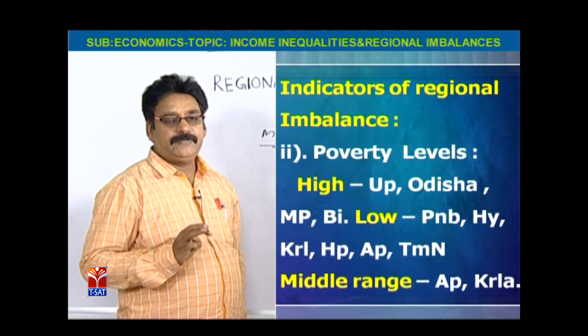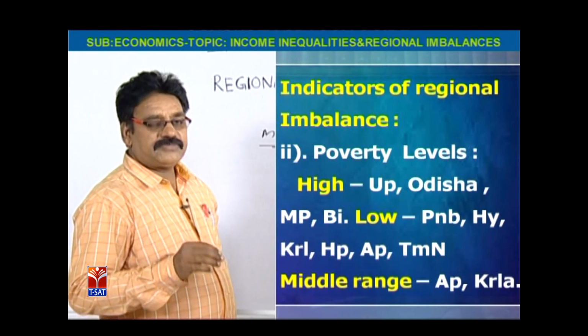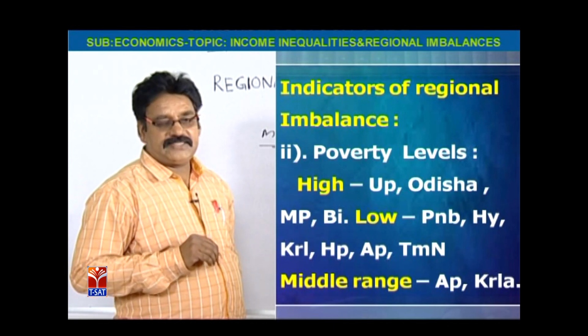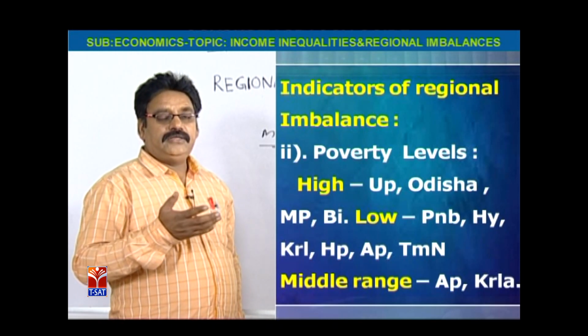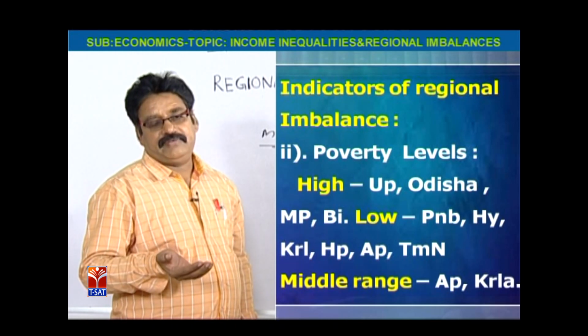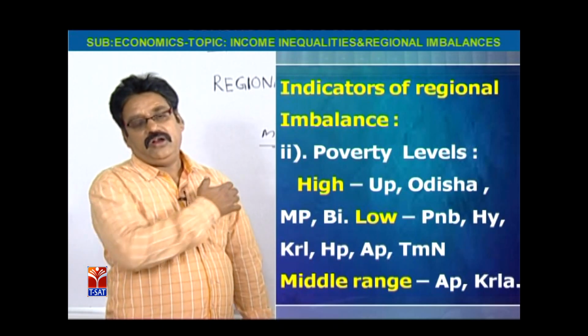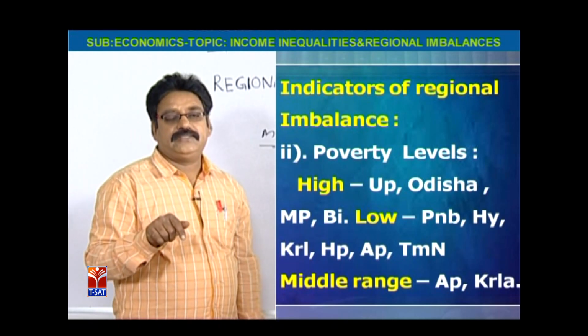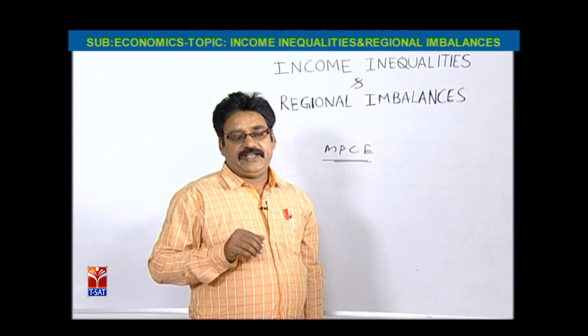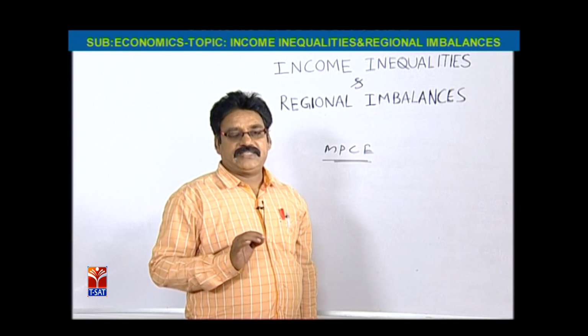The second one is poverty levels. In some states there are high poverty levels, and in some states there are low poverty levels. Because of the natural resources available in a state, income levels are high, so poverty levels are very low.